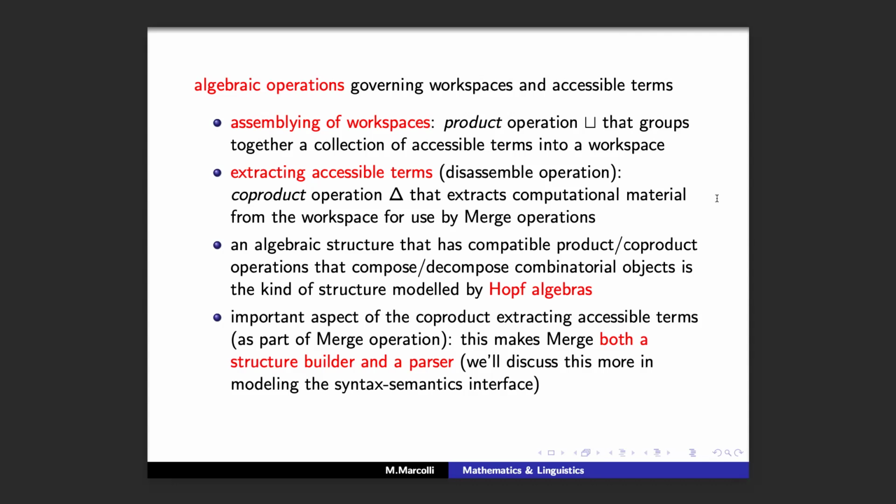And of course, the disjoint union of trees that assembles a forest is the natural composition operation that you want to have. And for the decomposition operation, I just said that in order to manipulate structure, you need to access certain substructures. So the disassembling operation is the thing that allows you to reach inside an already built structure and take out some pieces. And that is the part that gives you the coproduct of the Hopf algebra.